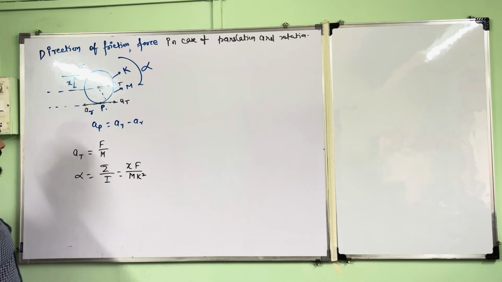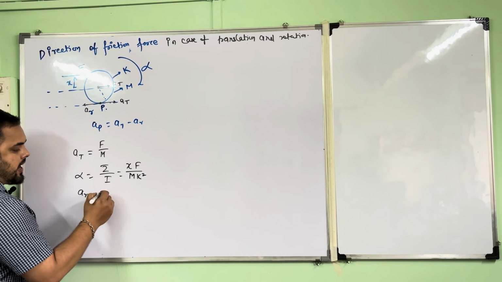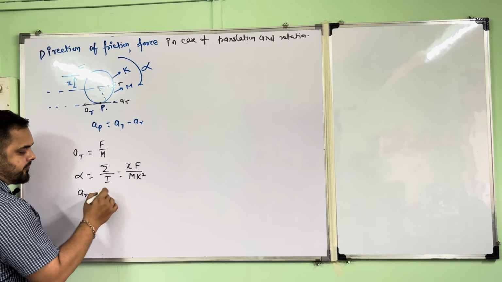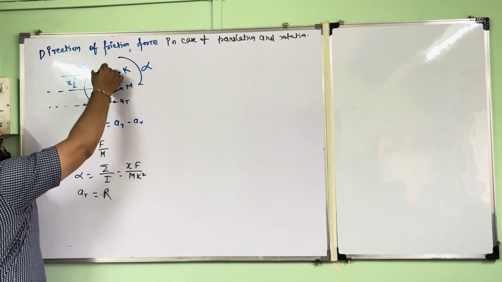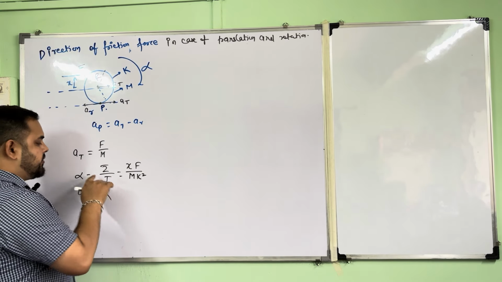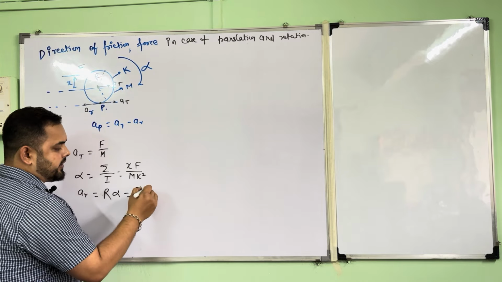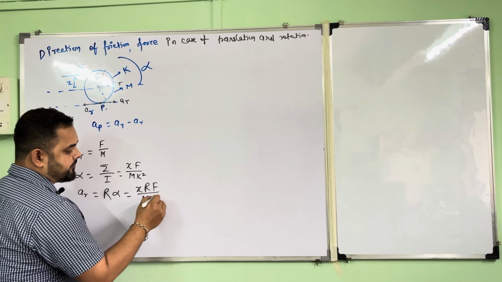So AR is R, the radius of the body, into alpha. So it is xRF divided by mk square.